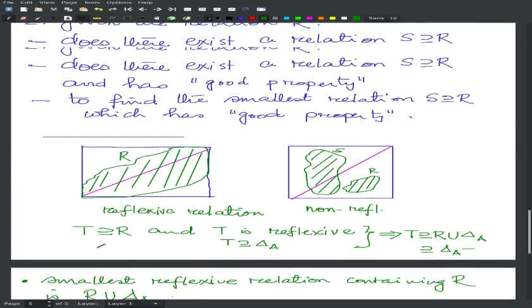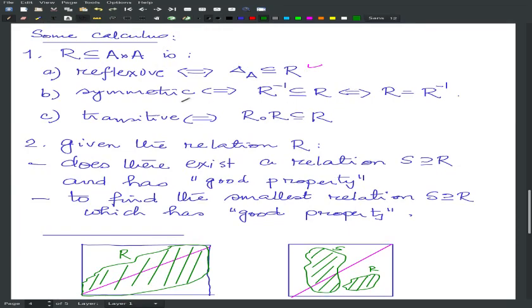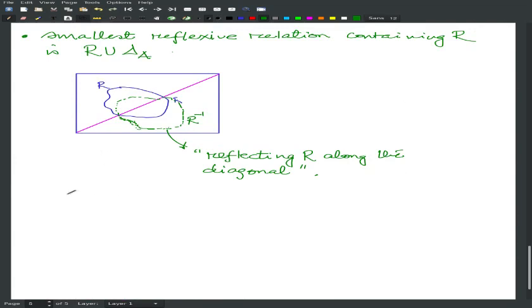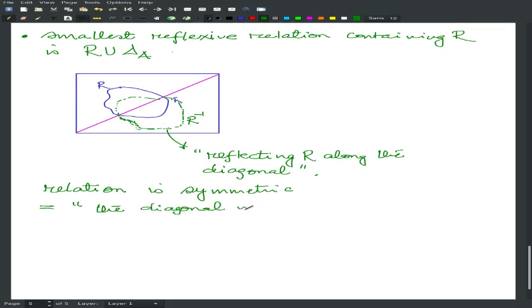And that's exactly what this thing is saying: that the relation is symmetric means the diagonal is a line of symmetry.